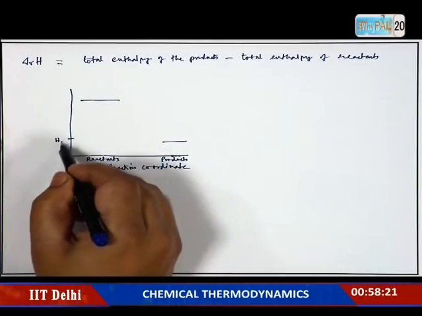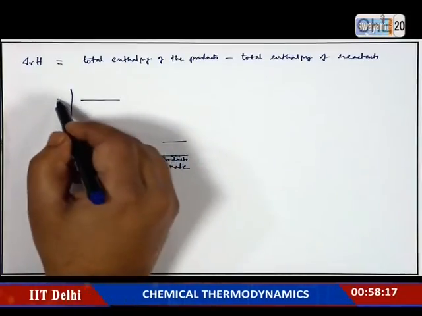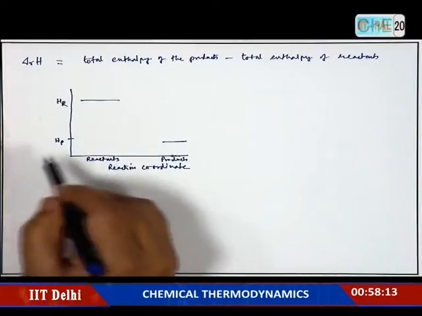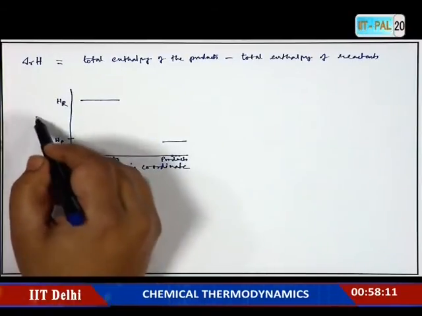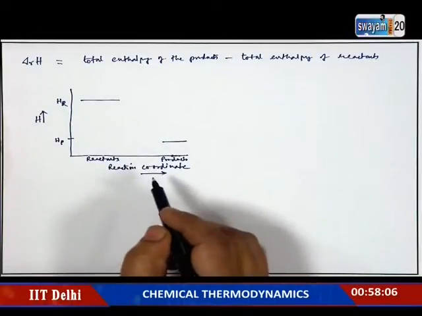H P is the total enthalpy of the products and H R is the total enthalpy of the reactants. This is H on the y axis, and the x axis is the reaction coordinate.